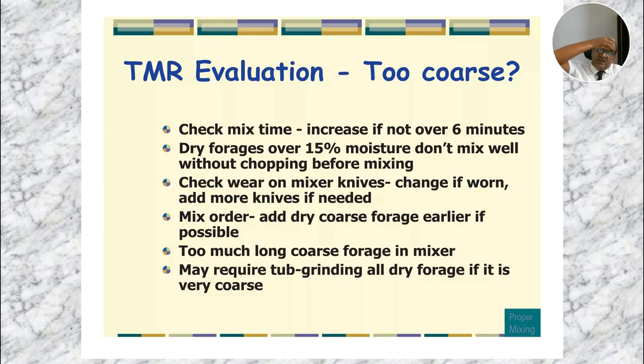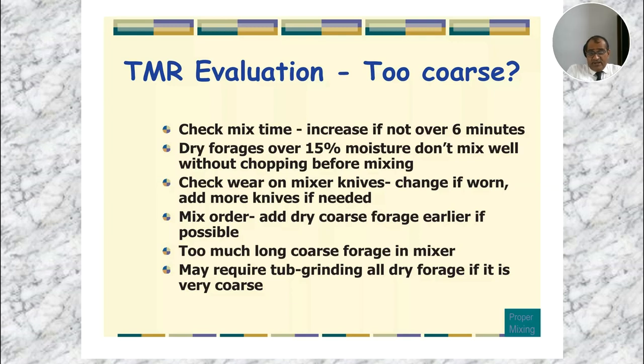Then check wear on the mixer knives, change them if worn, and add more knives if needed for the proper cutting up of the forage. Then the mix order: add dry coarse forage as early as possible. Then there may be too much long coarse forage in the mixer.